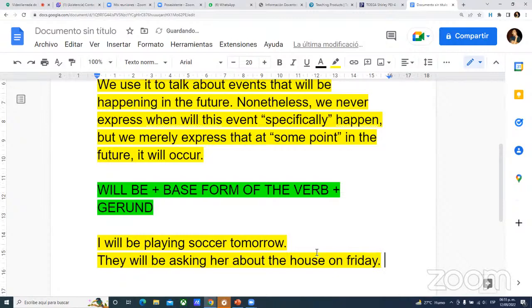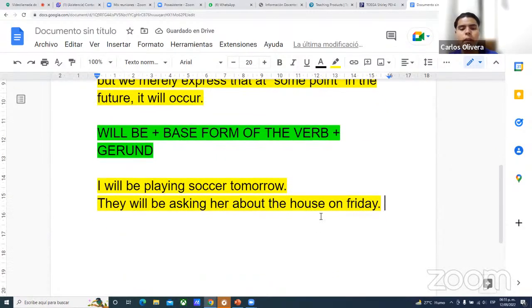Like that. They will be asking her about the house on Friday. Look at the sentence. Is it following the structure? Let's check it out. Will be, we have it here, will be. We have the base form of the verb. That is to say, we are not using to. It doesn't say here, they will be to asking. No, it says asking, right, directly. So that is what I mean by the base form of the verb.